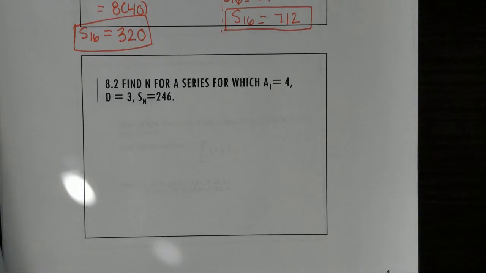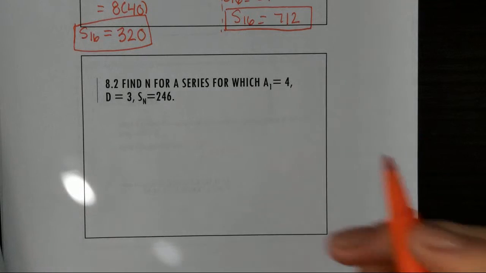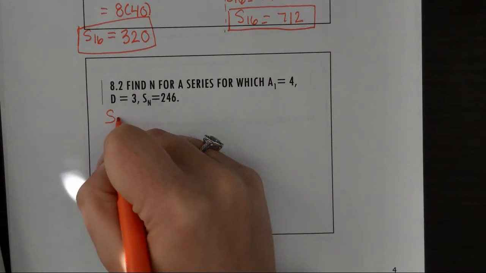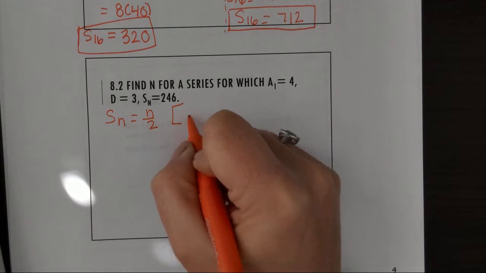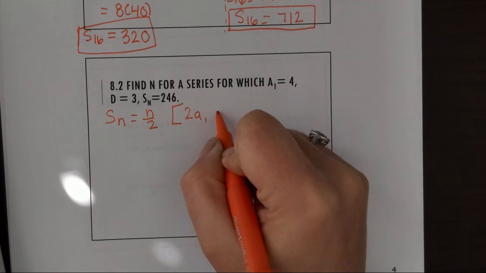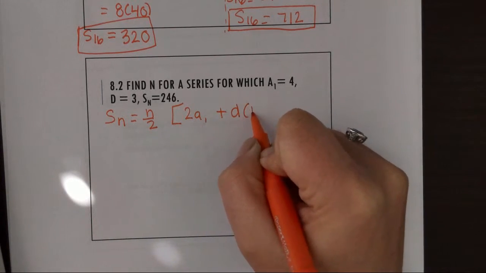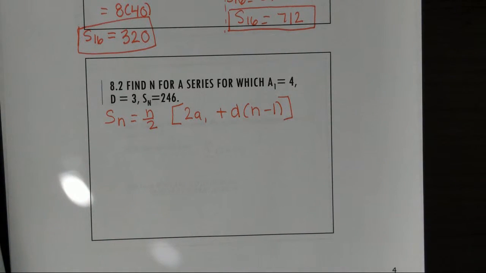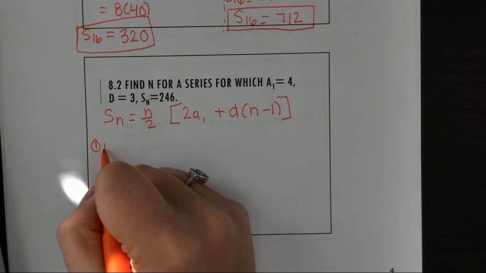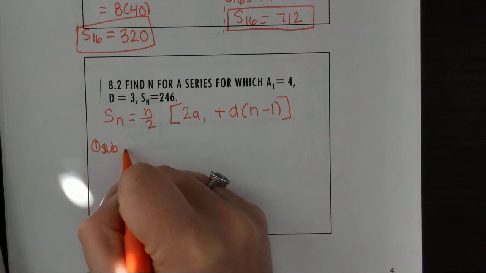So what we need to do is first write down our formula for S sub n. The first step is to sub in the known values.